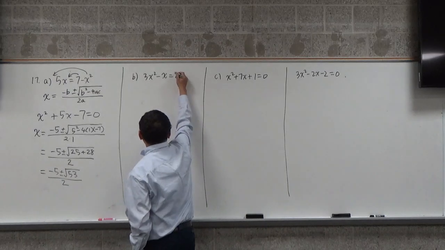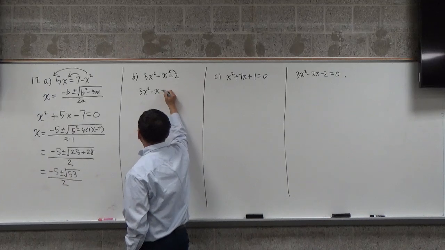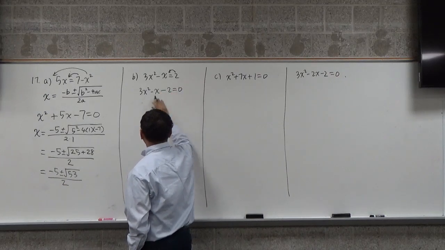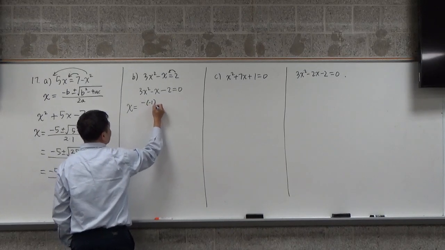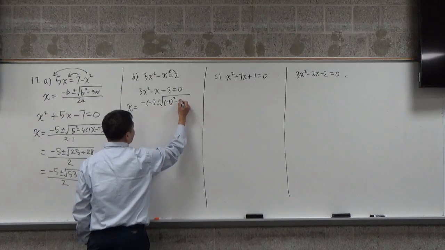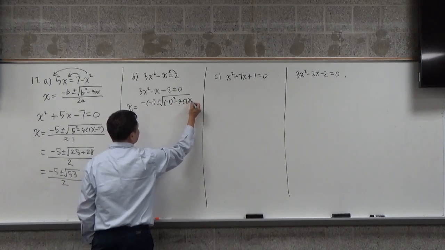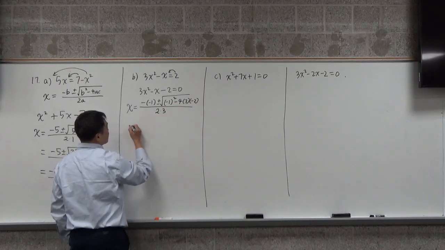Similar question: you have to move this 2 to the other side. So you get 3x squared minus x minus 2 equals 0. And you get x as negative of negative 1, plus or minus the square root of negative 1 squared minus 4 times 3 times negative 2, over 2 times 3.